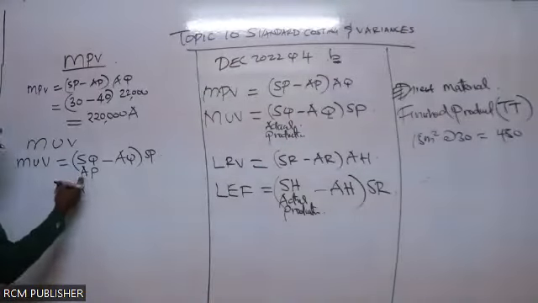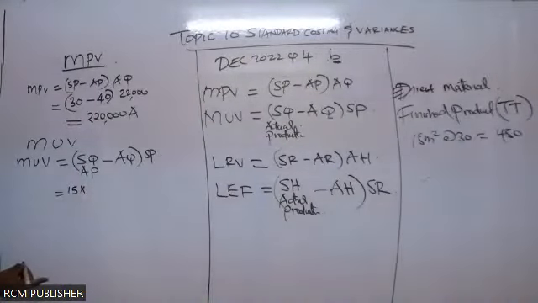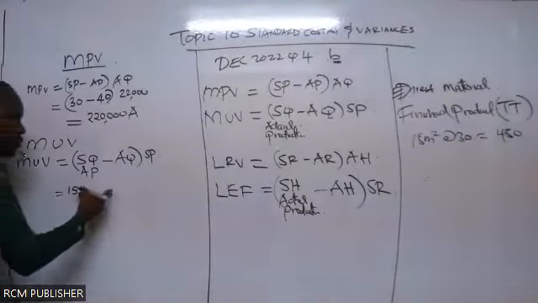Then the actual production is the actual units of the finished product. Under actual results, how many units of this product did they manage to produce? That is what we now need to understand.